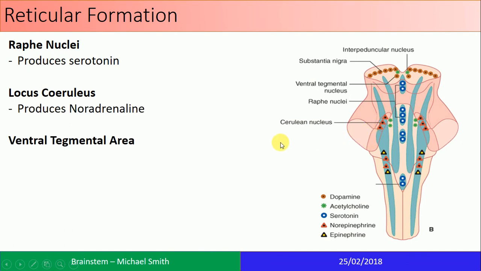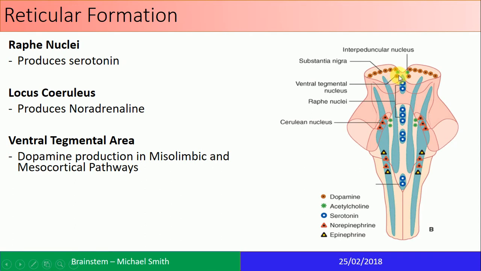We have our ventral tegmental area around our ventral tegmental nucleus up at the top, and these produce dopamine, and if you're familiar with the dopamine pathways, these play a role in our mesolimbic and mesocortical pathways. And we have our pedunculopontine nucleus.